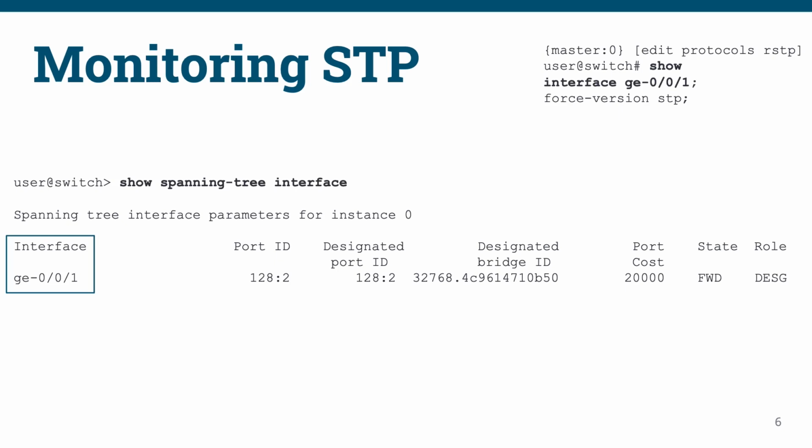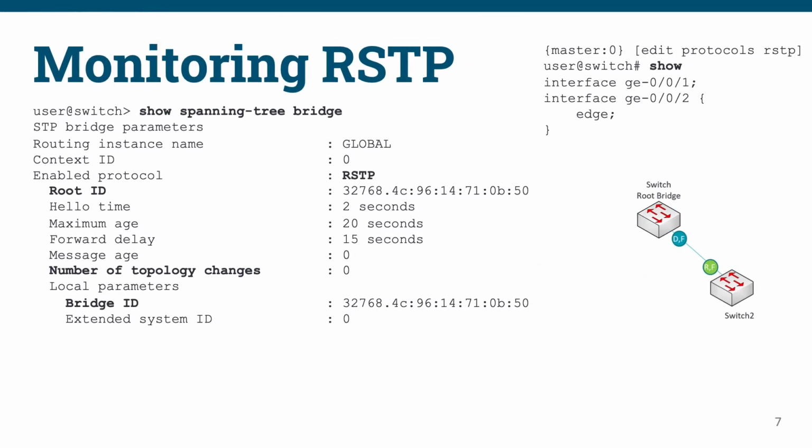So now that we've reviewed the operational command outputs for standard 802.1D STP, let's see how these outputs change when we configure the switch to operate in RSTP mode instead. Here, we see in the configuration that we're no longer forcing the use of STP, as the force-version stp command is missing from the RSTP configuration hierarchy.